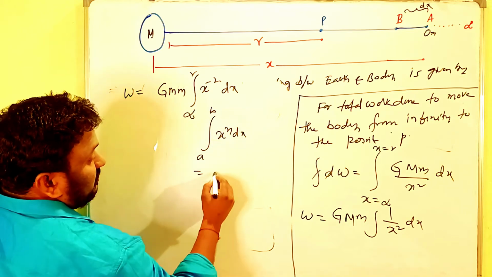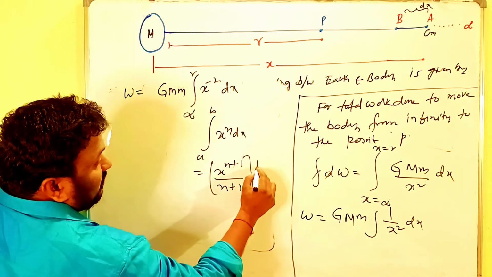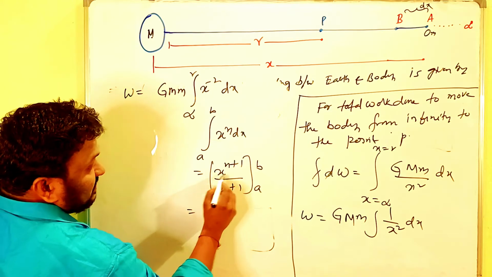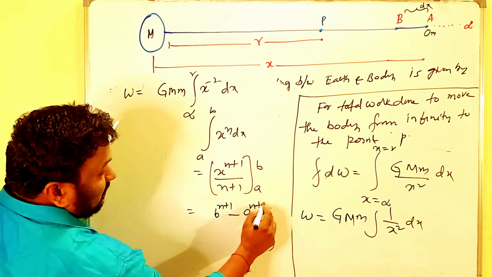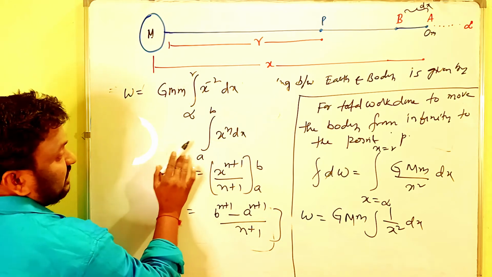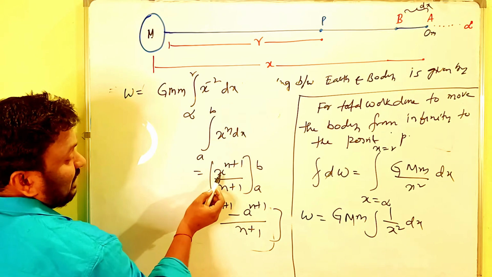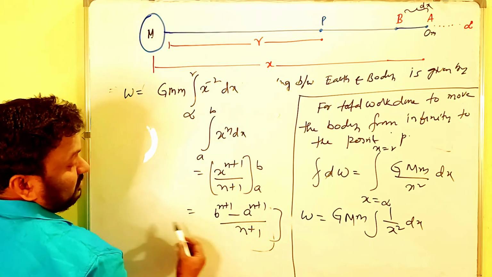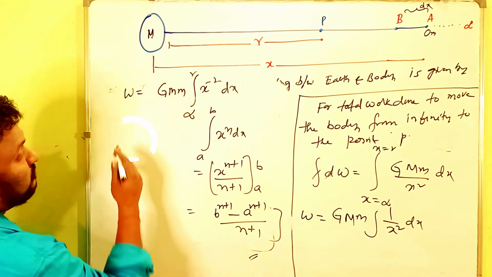Then what to write? x to the power of n plus 1 by n plus 1 is the formula, with limits a to b, and we have to substitute first the upper limit b, then the lower limit a. So b to the power of n plus 1 minus a to the power of n plus 1, all by n plus 1. This is the formula we are going to use. In this, the variable is x. This is the formula for that one.